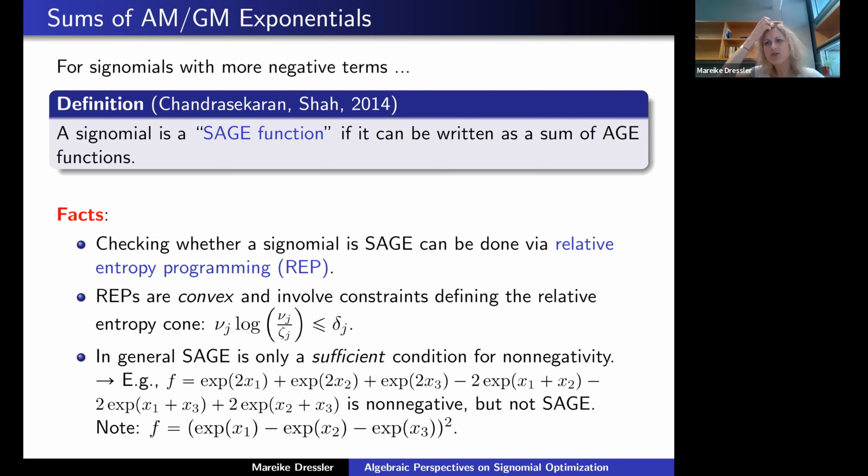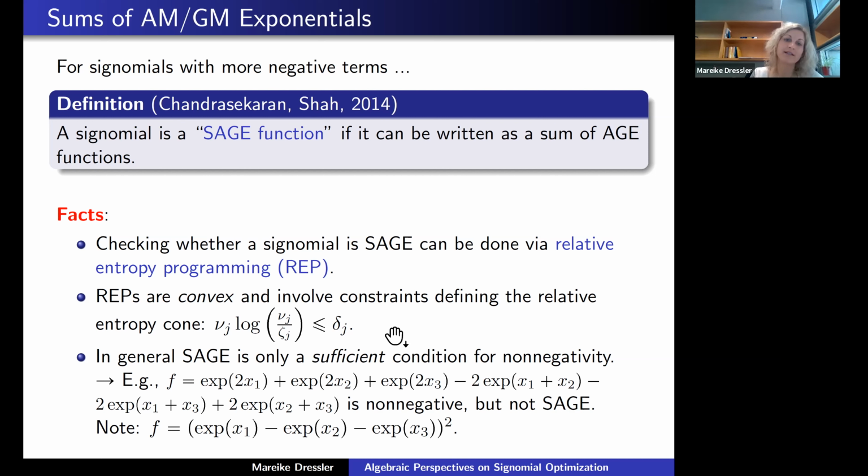I don't want to get into more depth on relative entropy programming here. The most important thing is that relative entropy programs are convex optimization problems, and they involve a specific constraint defining this relative entropy program. And this looks like so.